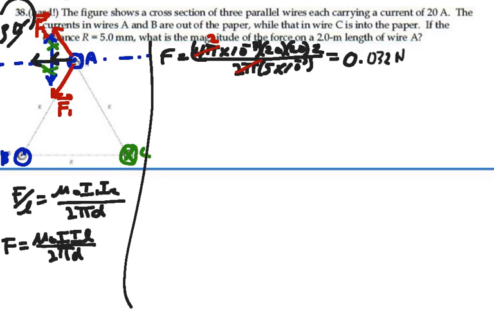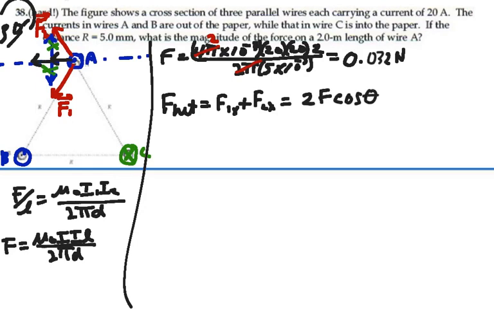Alright, so our net force is going to be equal to F1x plus F2x, and that's going to be equal to 2 times F cosine theta, where theta is this angle right here. In other words, for an equilateral triangle, all angles being equal, theta must be 60 degrees.